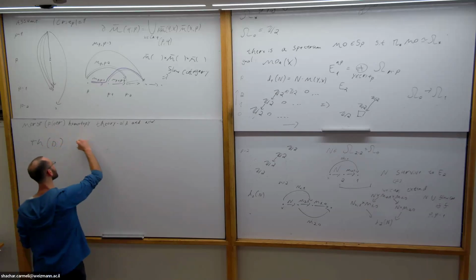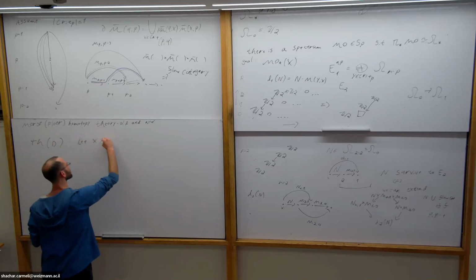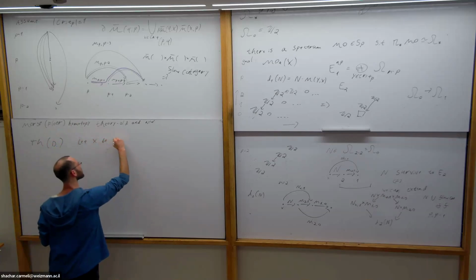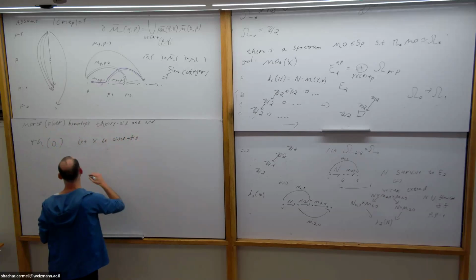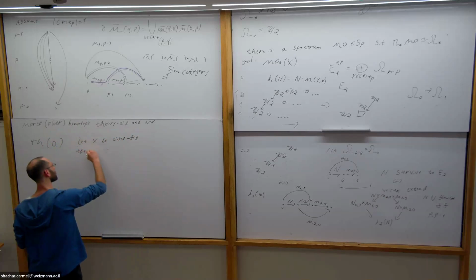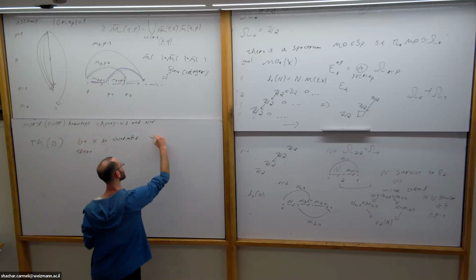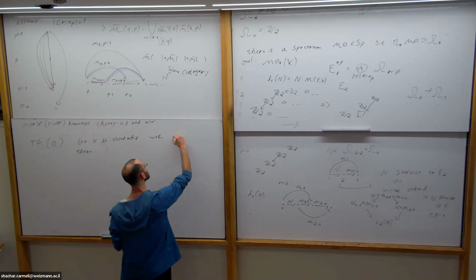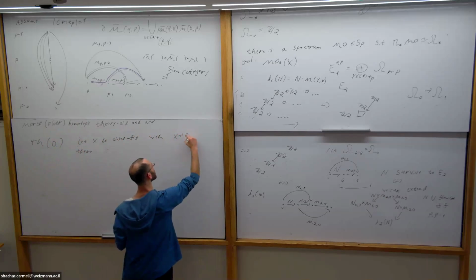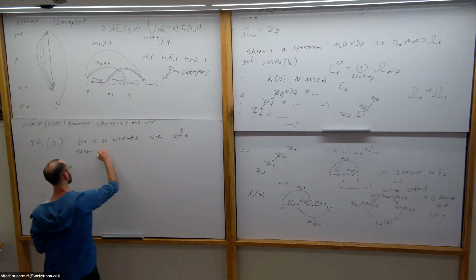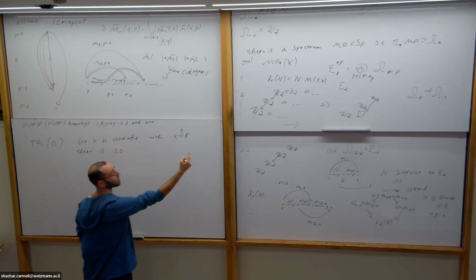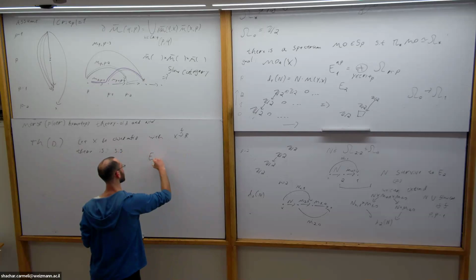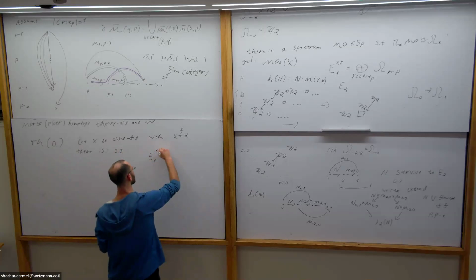So there is a flow, and there is a Morse function. And there is a spectral sequence, and the first page is given like that.